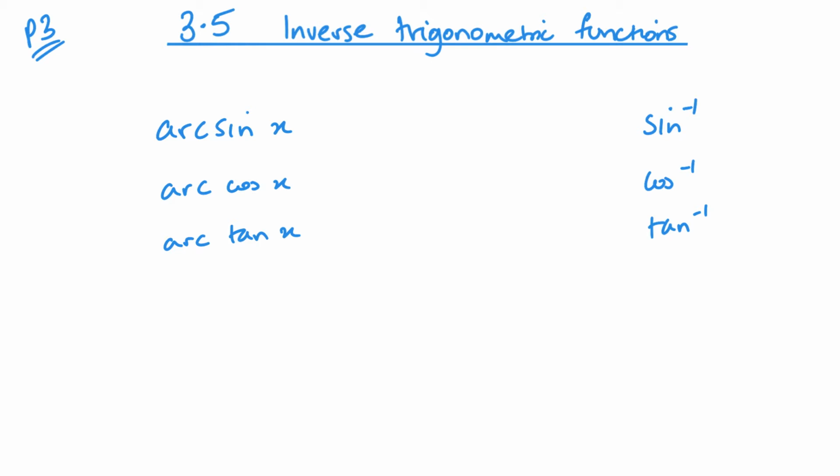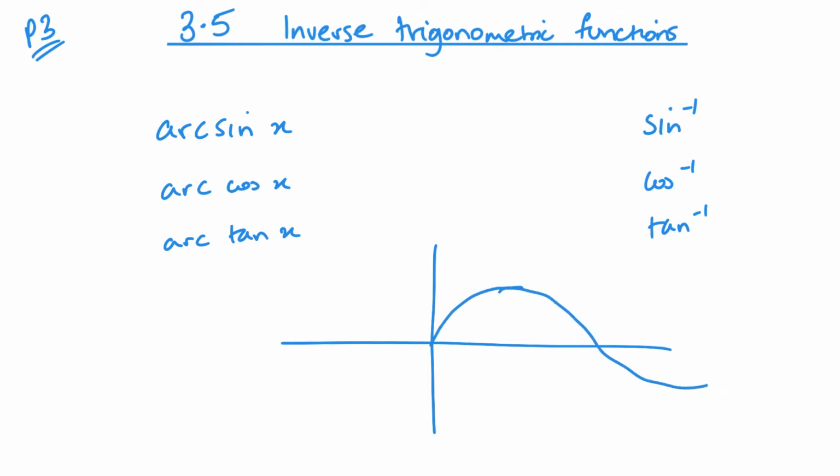Now, before we go any further and we start looking at the graphs, I think it's important just to think about what's happening, in terms of why we need to limit our graphs. So if I think of a rough diagram for my sine x graph, something like this, and carrying on in both directions.